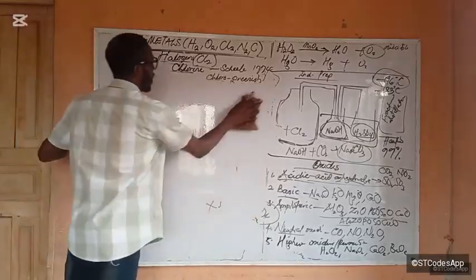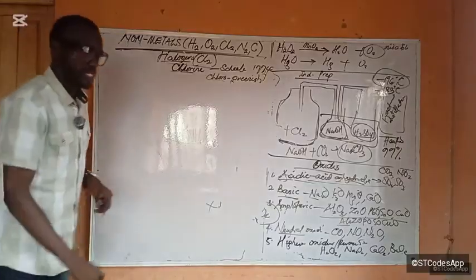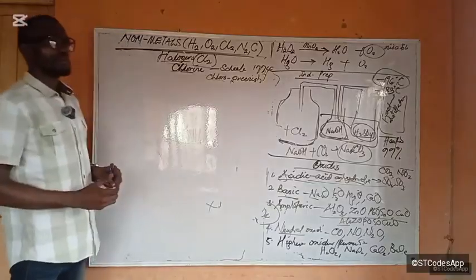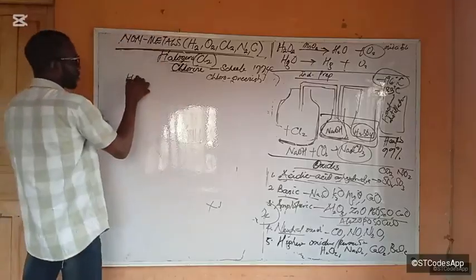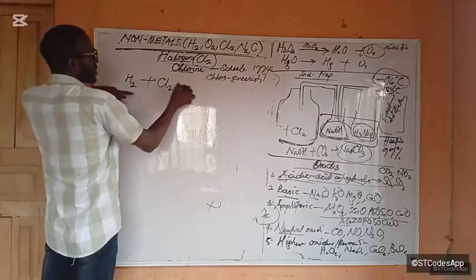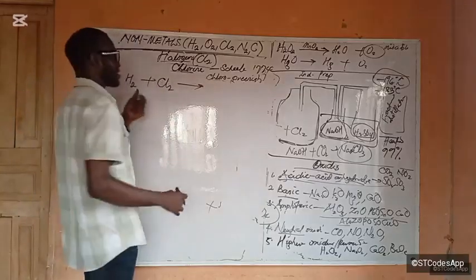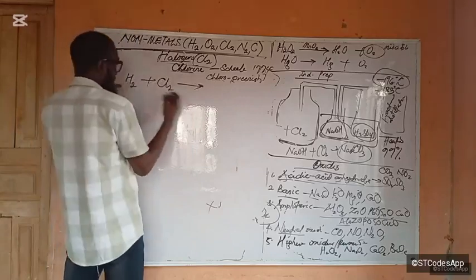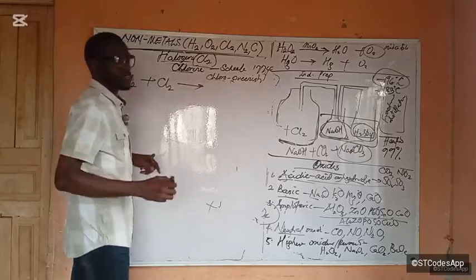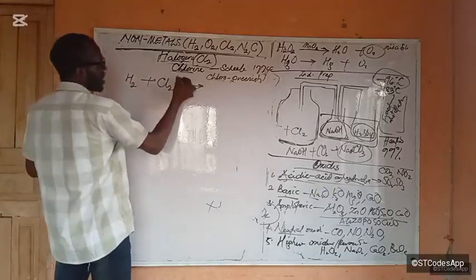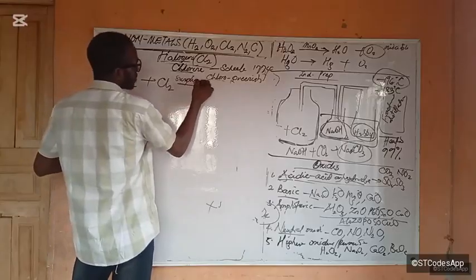Now let's go to the industrial preparation. If there is industrial preparation, it should just be the direct combination of hydrogen plus Cl, and it burns in it. It reacts by burning in the presence of sunlight. The reaction takes place in the presence of what?